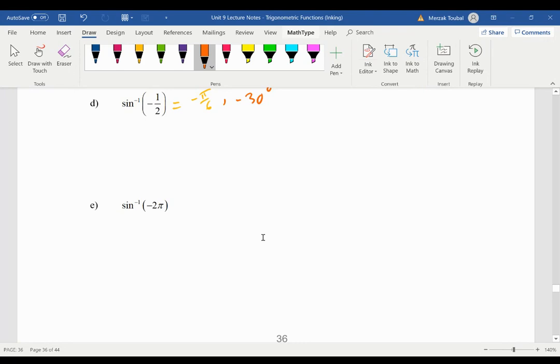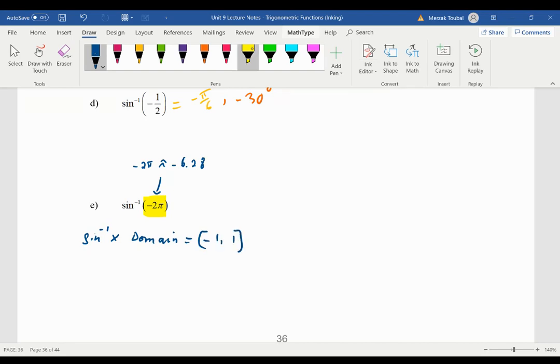And then the last one, which is kind of tricky, says what is sine inverse of negative 2 pi? So there's a problem with this. Negative 2 pi is approximately negative 6.28. And what did we say about the domain of sine inverse? The domain of sine inverse of x is negative 1 to 1.